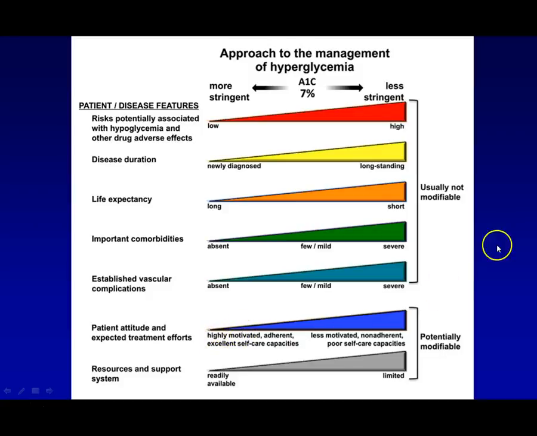On the other hand, treatment can be less stringent when there is a high risk of hypoglycemia, when the subjects have long-standing diabetes duration, short life expectancy, etc.